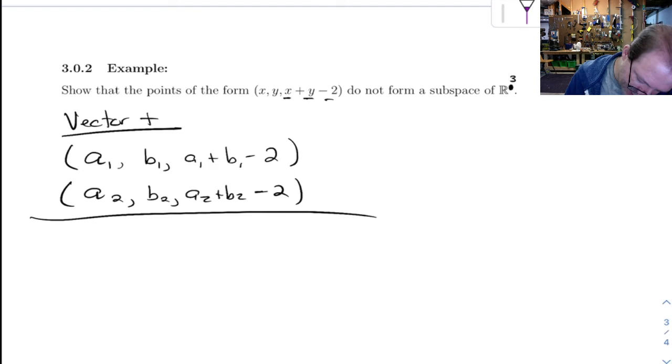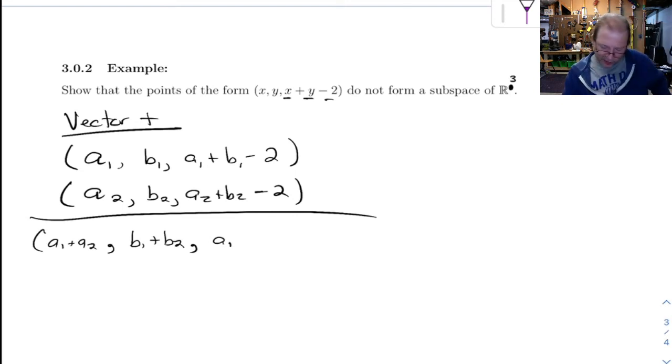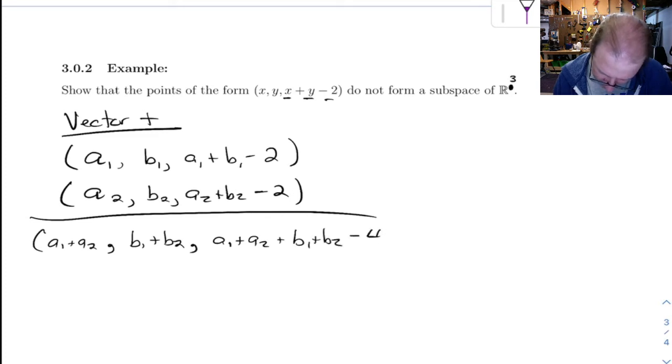And if I add these guys together, my first entry is A1 plus A2. My second entry is B1 plus B2. And my third entry, well, basically, we add all this stuff together. So it winds up being A1 plus A2 plus B1 plus B2 minus 4.